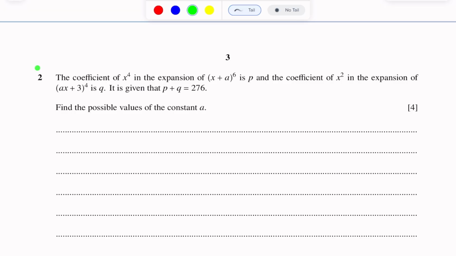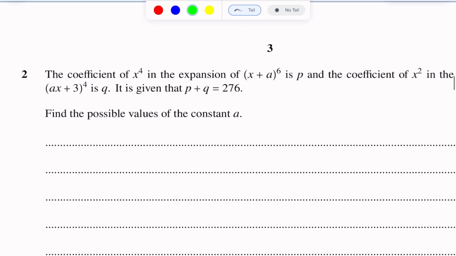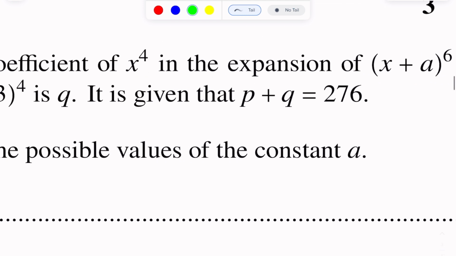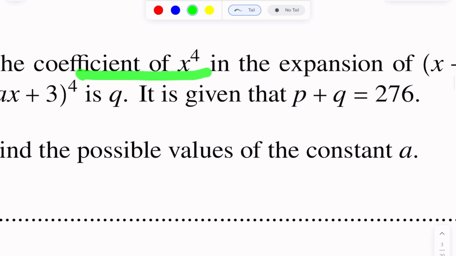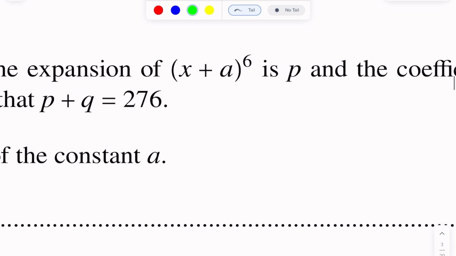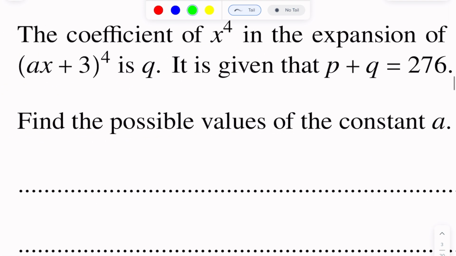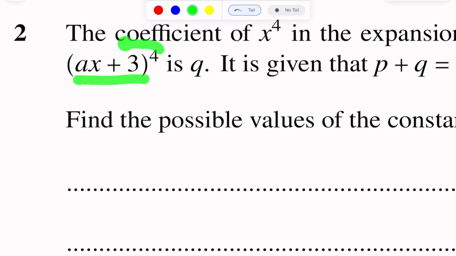Question second. This question is of binomial expansion. The coefficient of x^4 in the expansion of (x + a)^6 is p, and the coefficient of x^2 in the expansion of (ax + 3)^4 is q.